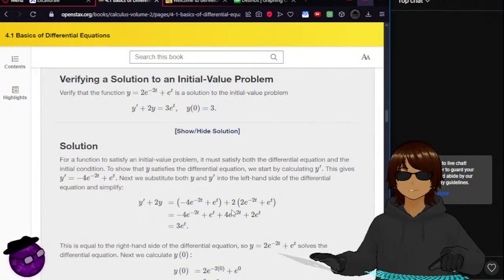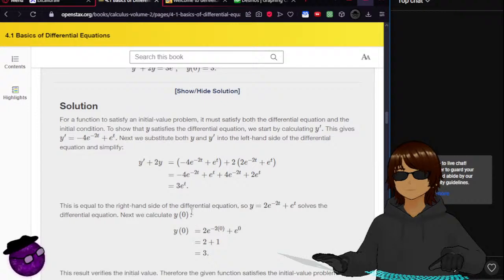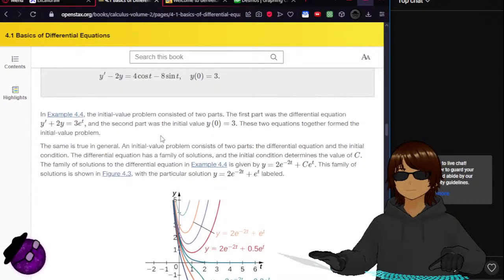And then plus 2y is written over here. So simplifying, we get 3e to the power of t. The second part was the initial value, y(0) is 3. These two equations together form the initial value problem.